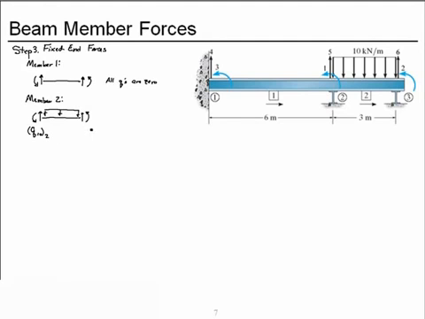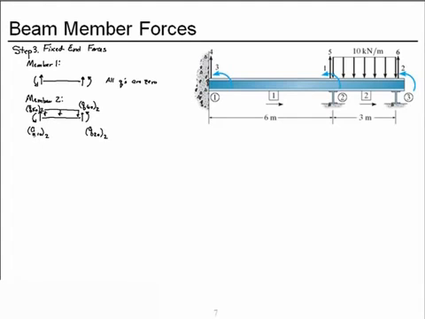On this side, we'll have the fixed end force Q2 naught, degree of freedom 2, naught because it's a fixed end force, and subscript 2 refers to member 2. Our shear at the right end, Q6 naught, member 2, and at this end Q5 naught, member 2.